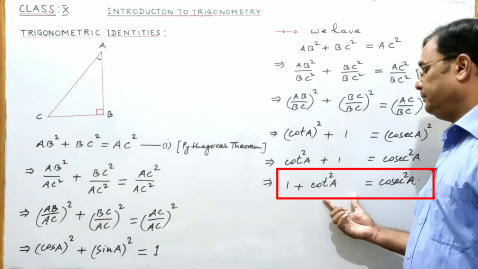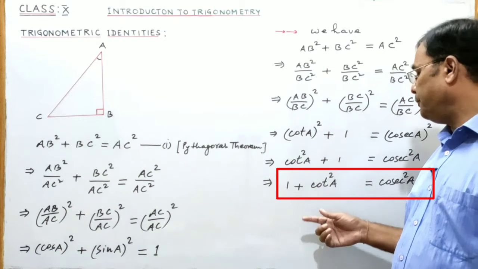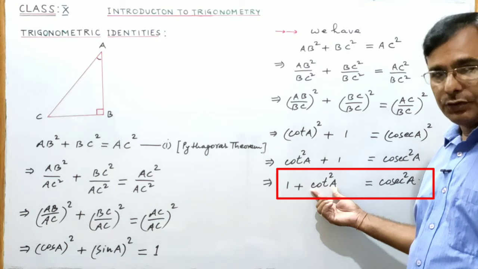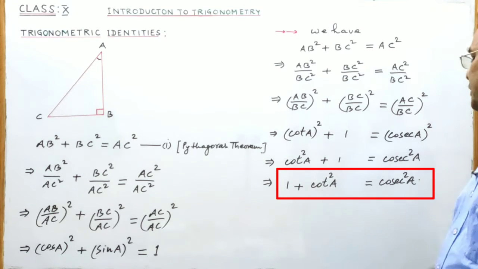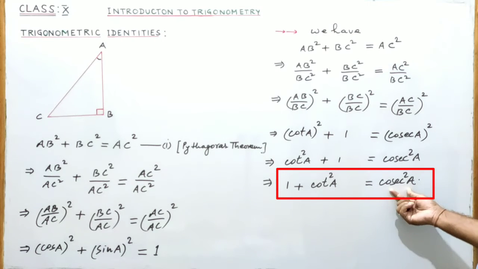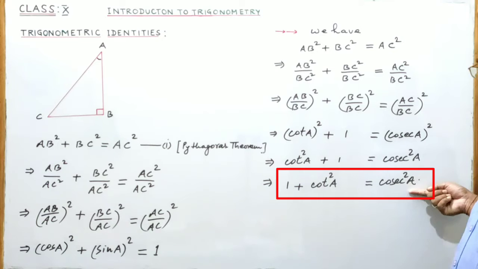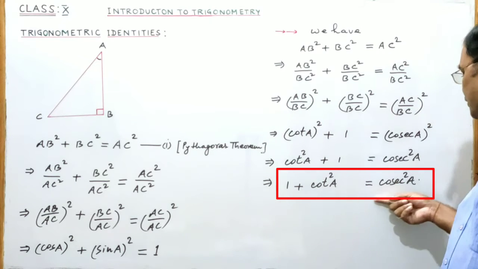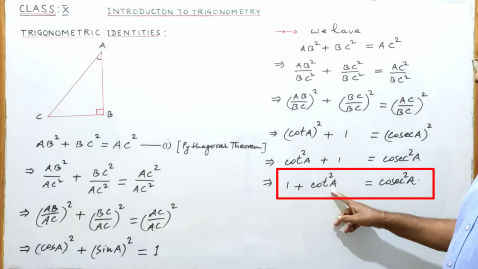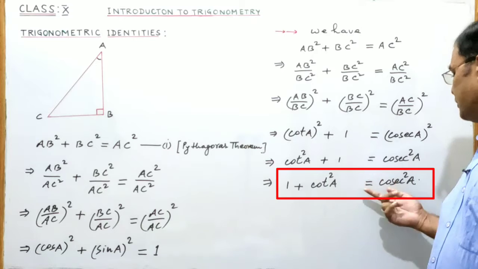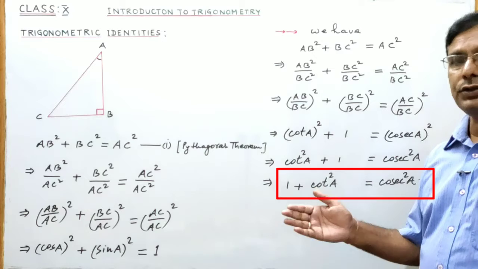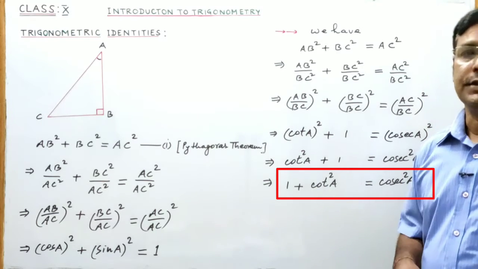This equation is true for acute angle A equal to 0 degree or not, here we have to check. Cot A is infinite and cosec A is also infinite, so this equation 1 plus cot square A equal to cosec square A is not true for A equal to 0 degree. So this equation is true for all acute angles A from 0 degree to 90 degrees except 0 degrees.